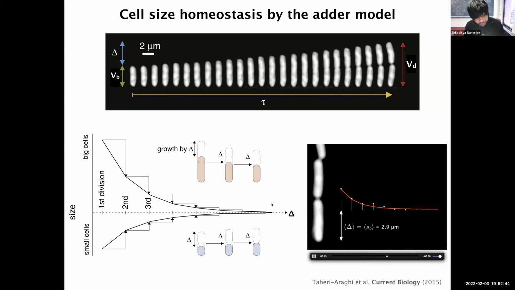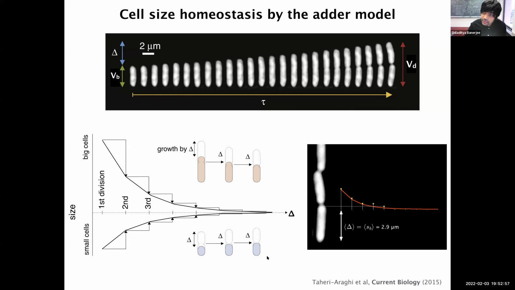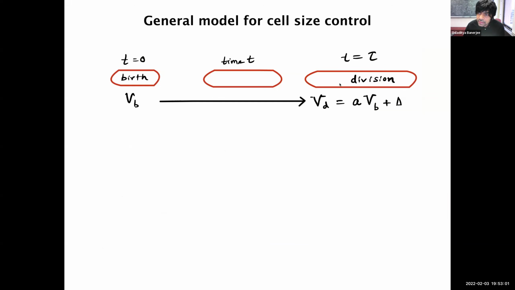So now that you have the ADAM model, you can generalize it, okay? Is it the most general model you can write down where you have size control? The answer is no, so you can probably generalize it. One simple generalization is this sort of linear function: the volume at division is a linear function of the volume at birth.